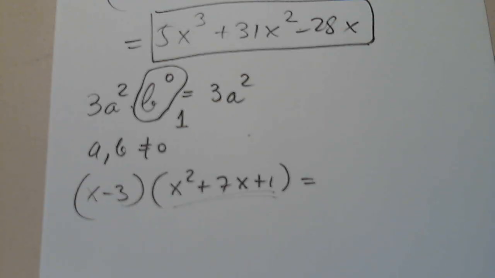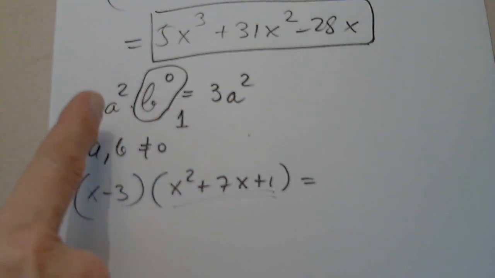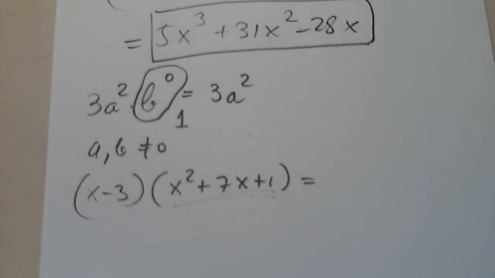Addition and subtraction requires like terms. But multiplication is always easy. I can always multiply 3 by 1. So 3 times 1 times a squared is 3a squared.